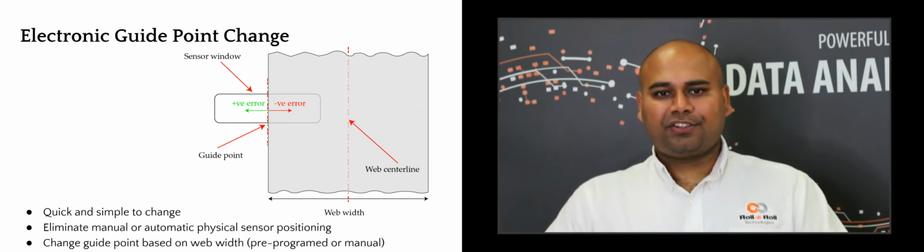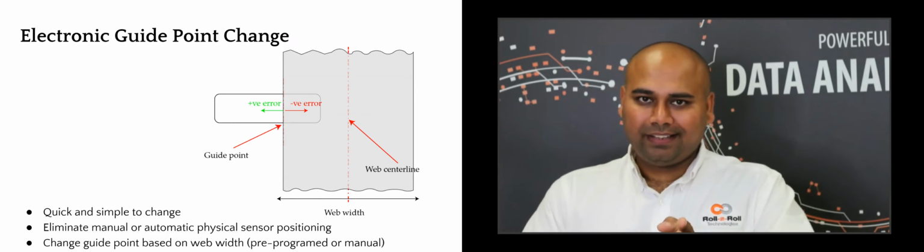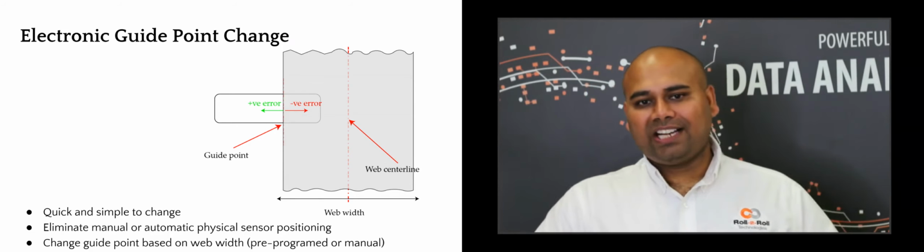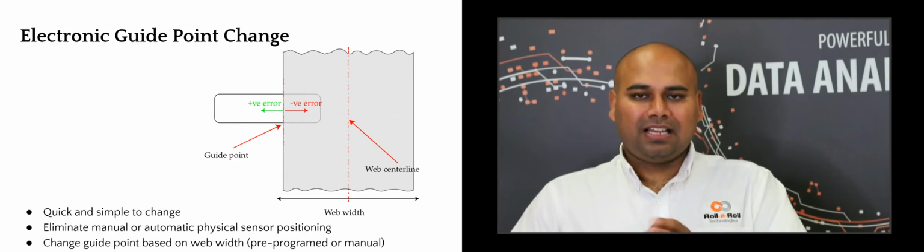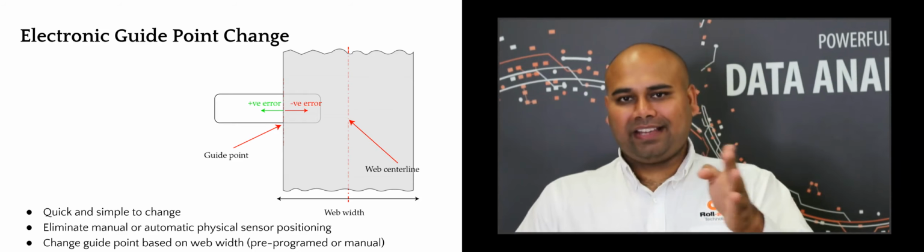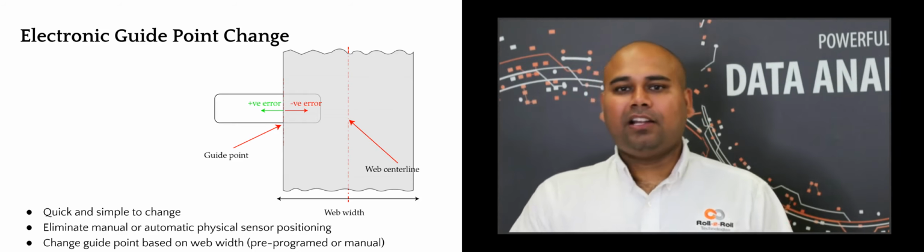And this is what is illustrated in this animation here, where if the guide point is to the left or to the right, then the reference for that control system is going to be at that location, and the actuator is going to change direction at that arbitrary location.